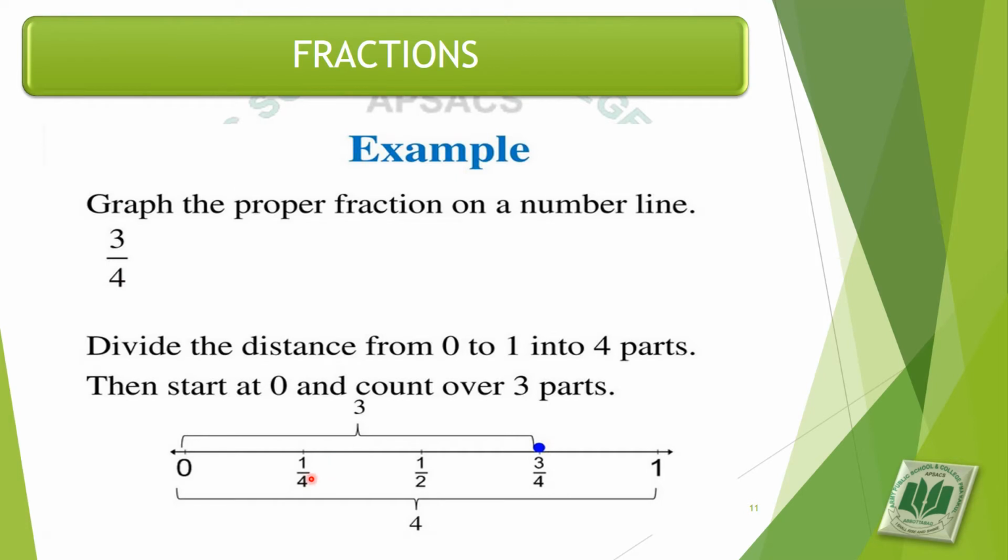So this is 1 by 4, this is 2 by 4, this is 3 by 4, and here we have 4 by 4, which is equal to 1. And our given fraction is 3 by 4. So this fraction lies over here. So this is our required point. At this point we have got our result.